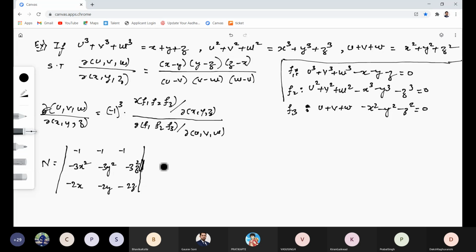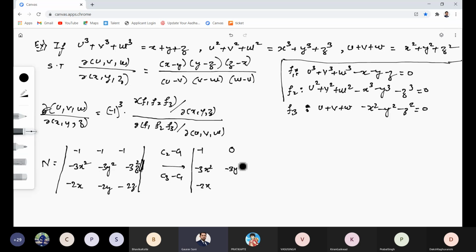So I'll use the properties of determinant: C2 minus C1 and C3 minus C1. What do we get? Minus 3x square, minus 2x. Minus 1 plus 1, this will become 0. Minus 3y square plus 3x square.